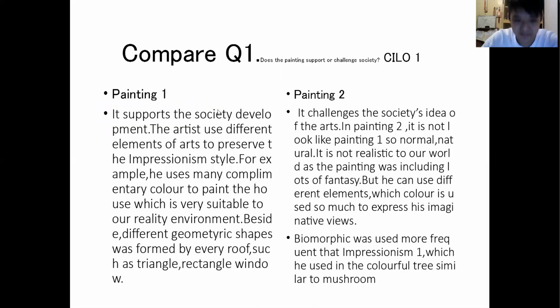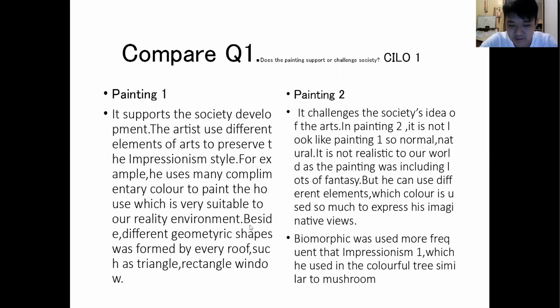And let's compare two paintings. In painting one, the artist supports the society's development. The artist uses different elements of art to preserve the post-impressionism style. You know, the painting is very clear. For example, he uses many complementary colors to paint the house, which is very suitable to our reality environment.